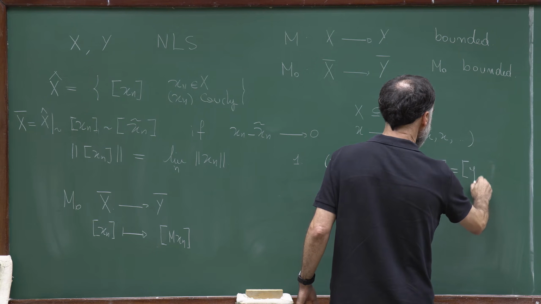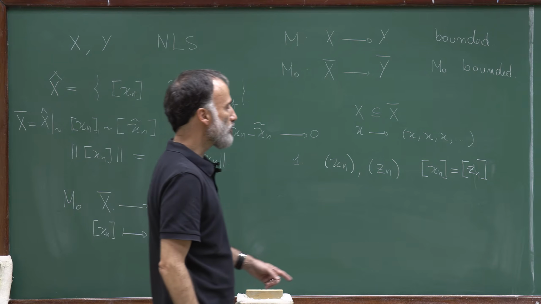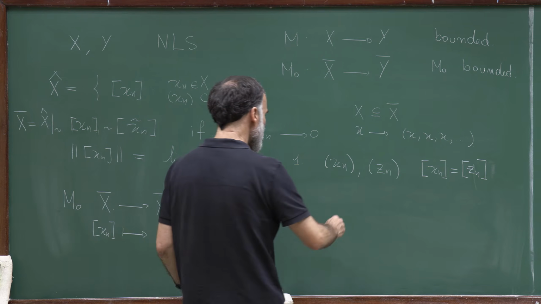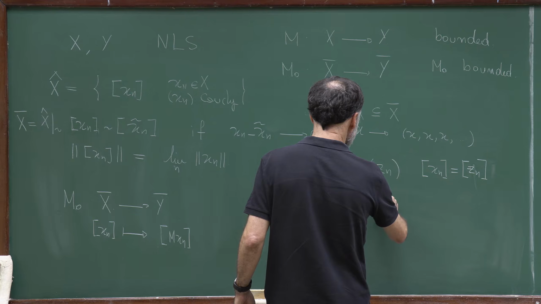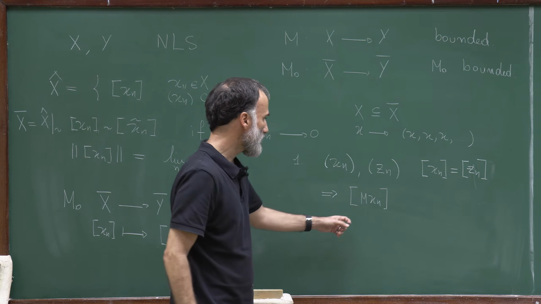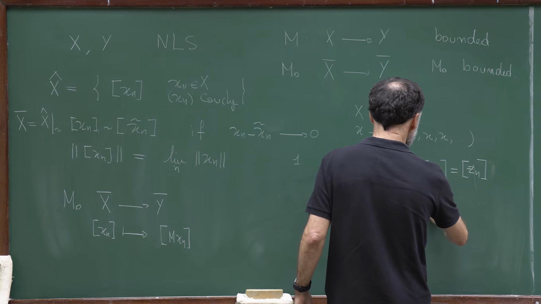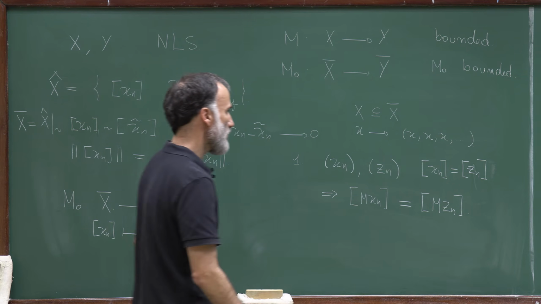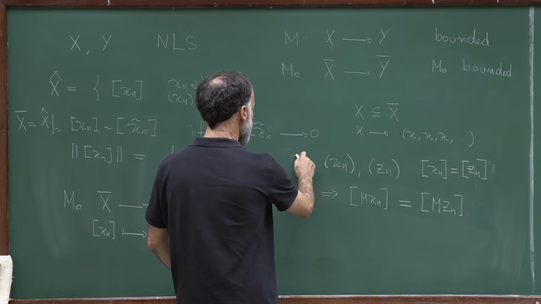So the equivalence class of the Cauchy sequence x_n is equal to the equivalence class of the Cauchy sequence z_n. And I want to prove that the equivalence class of the Cauchy sequence M x_n is equal to the equivalence class of the Cauchy sequence M z_n.